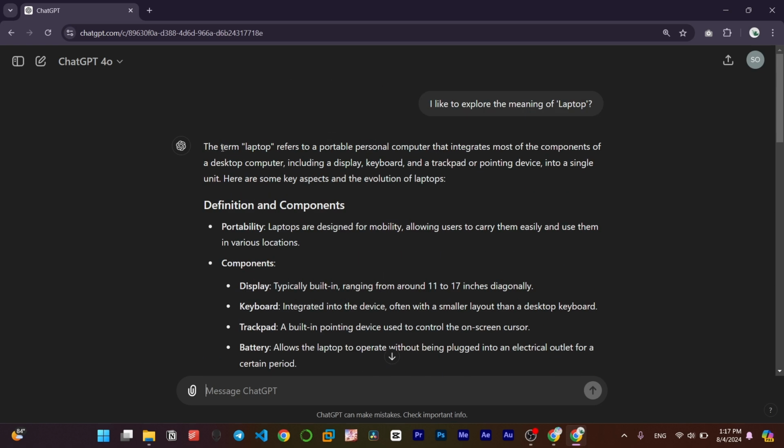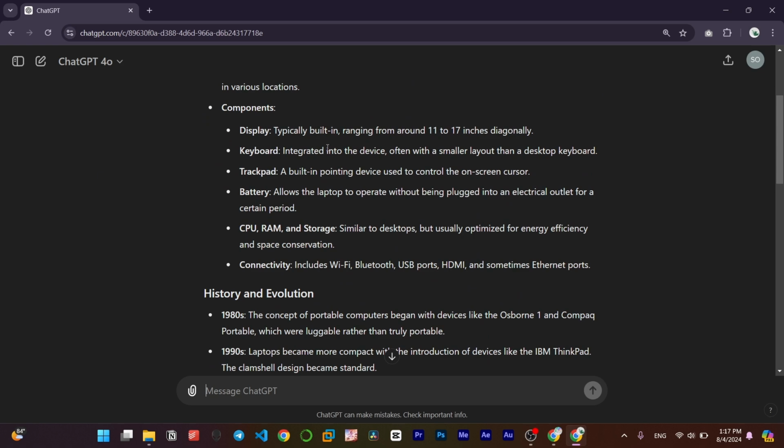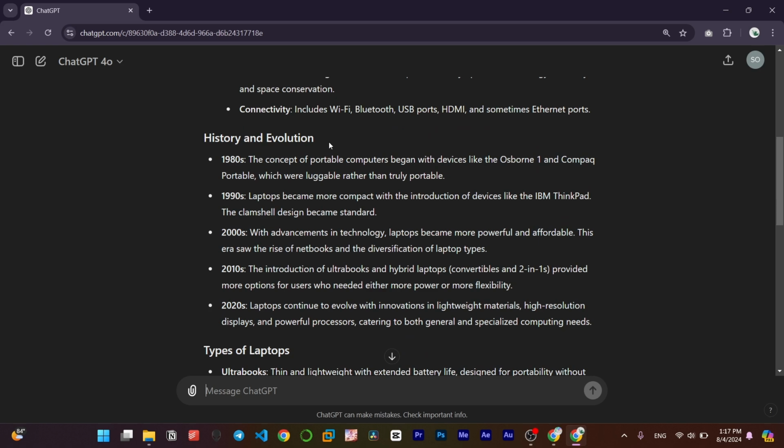For instance, the term laptop refers to a portable personal computer that integrates most of the components of a desktop computer, including a display, keyboard, and trackpad or pointing device, into a single unit. Here are some key aspects and the evolution of laptops. As you see, definition and components, the components that exist in any computer, and history and evolution from the 1980s.